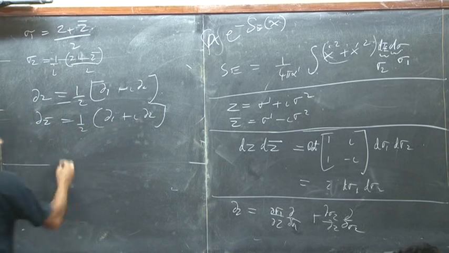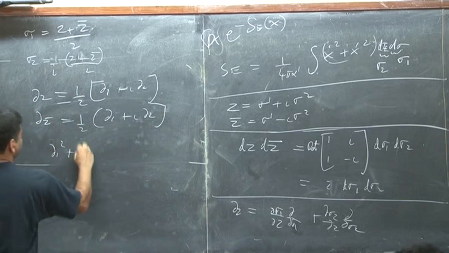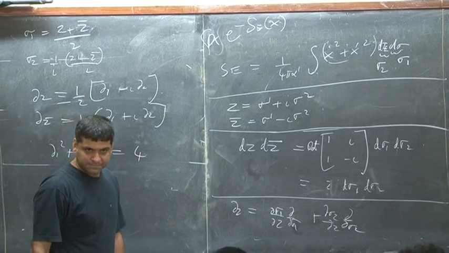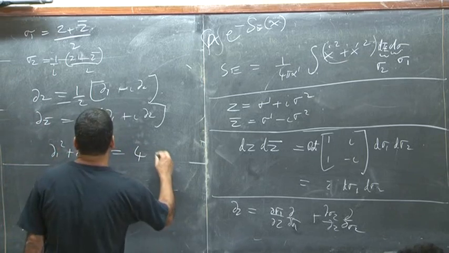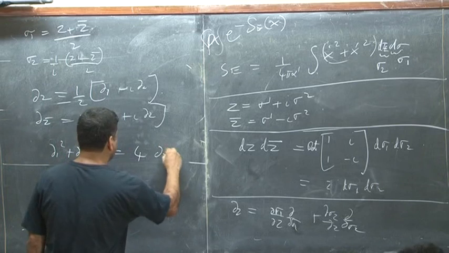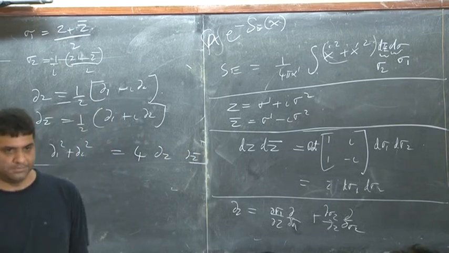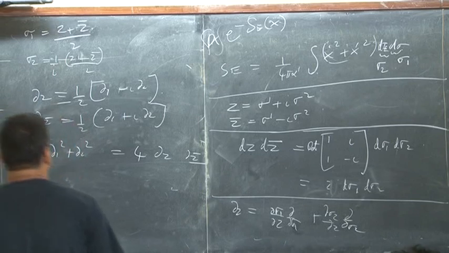Okay? The kinetic term, which was d1 squared plus d2 squared, is equal to 4 times del z del z bar. Okay?